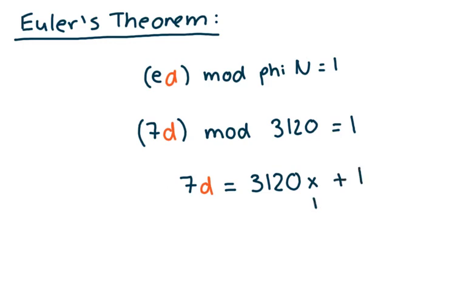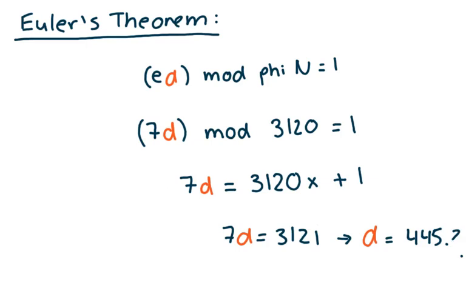So for example, if we let x equal 1 here, then we know that 7D has to equal 3,120 times 1, which is simply 3,120, plus 1, so 3,121. And in this case, D is equal to 445.857143, and so on.